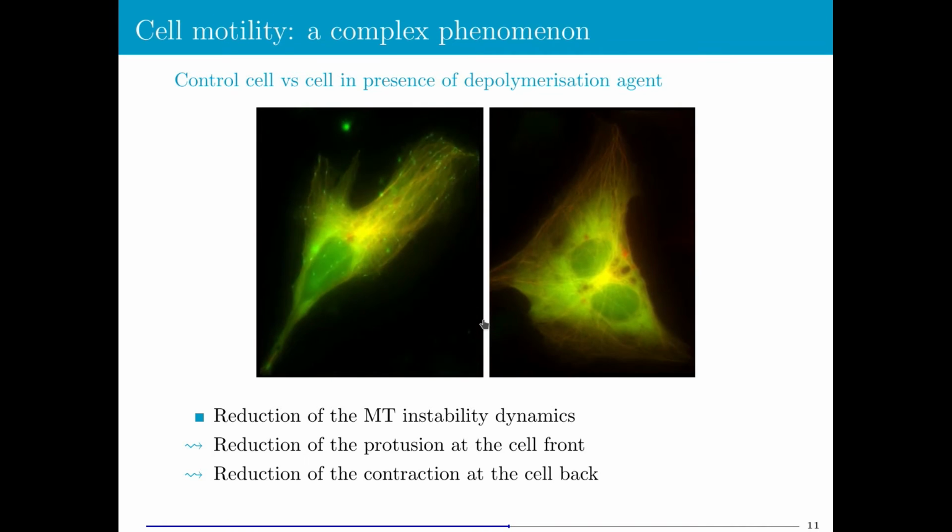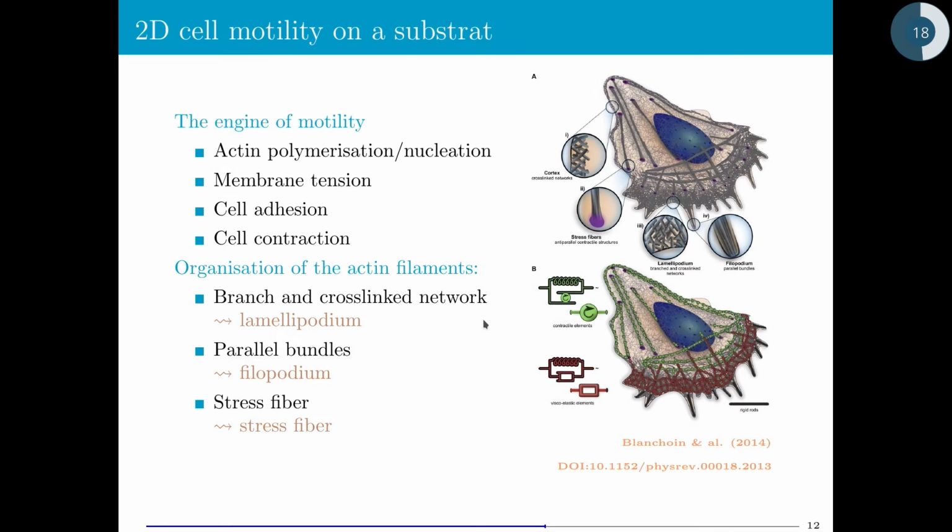You see that you have less contraction at the rear of the cells and less dynamical activity at the front of the cells. So you see the impact at low dose of one microtubule targeting agent on this type of cells.